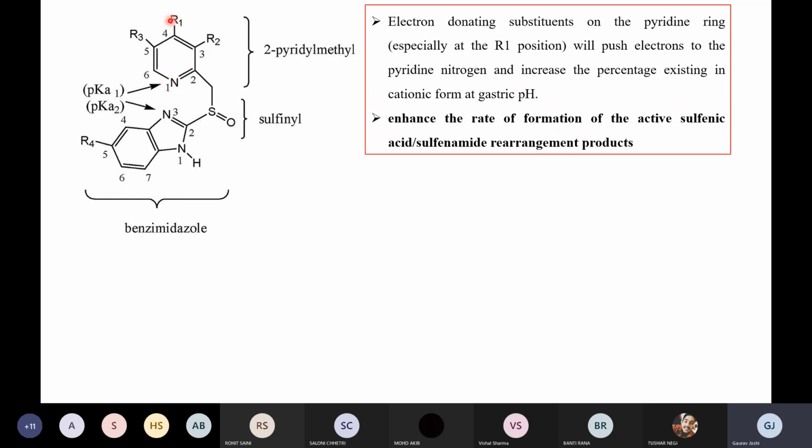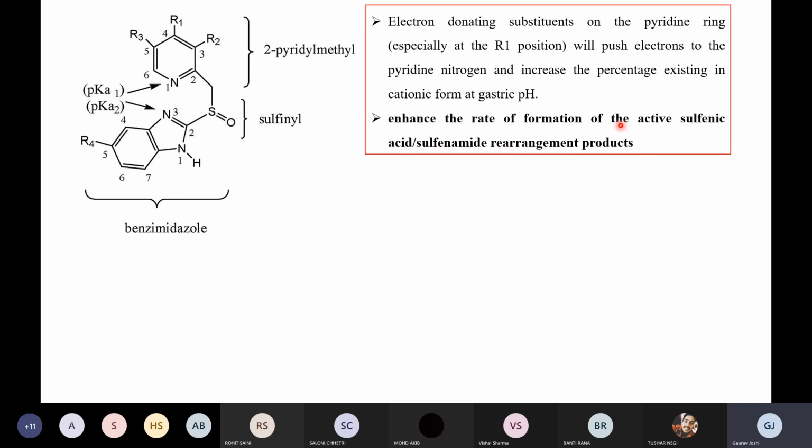So when I put an electron donating group, it increases the electron density here, and the chances of proton attack become very high. What will happen? This will be converted into the monocationic form. And when the drug is in the cationic form, it will be retained for a longer time in the gastric pH, right?